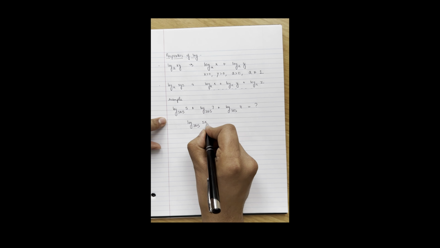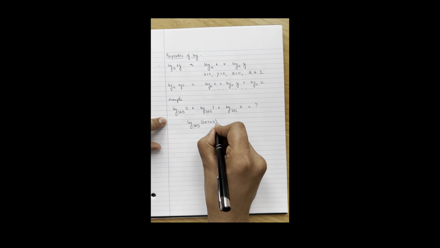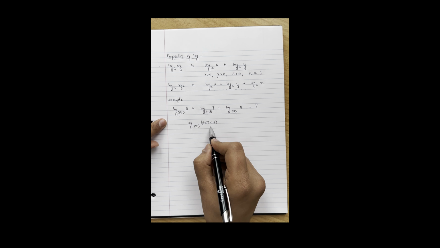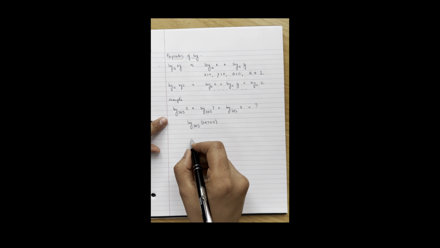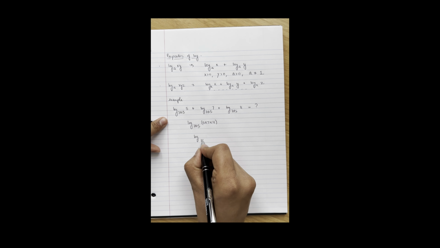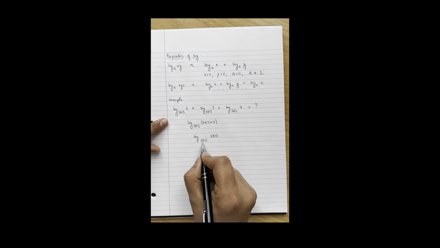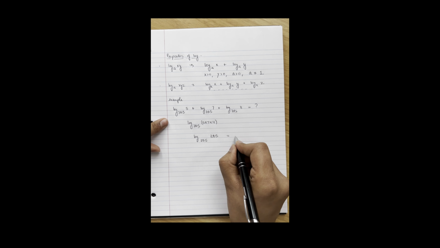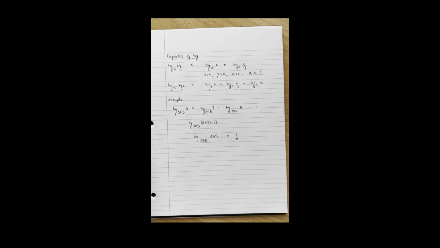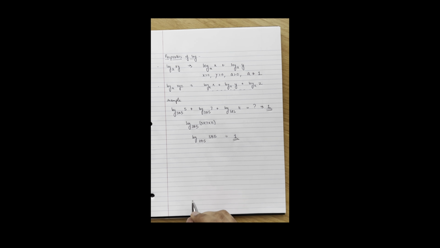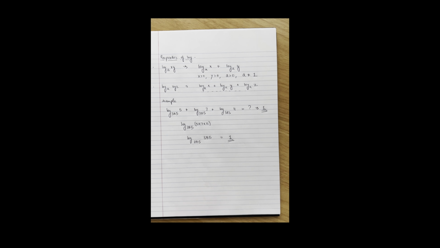So 5 into 7 into 11, which would be 385. So log of 385 to the base 385. And we know that log n to the base n is equal to 1. So the answer is 1. Is this clear?